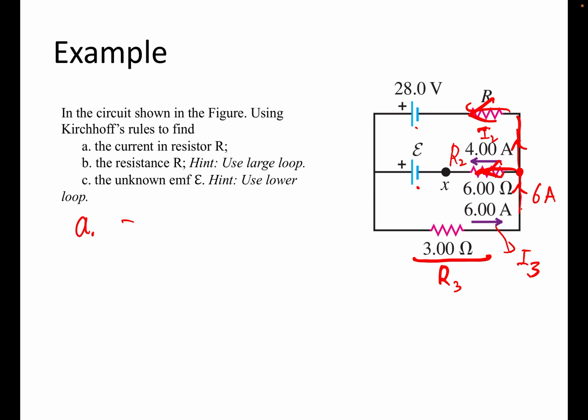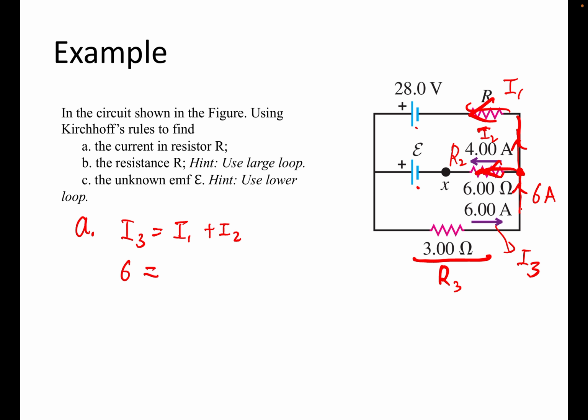This resistor is R3, with current I3. So I3 goes into this junction, which should equal I1, the current through R1, plus I2, the current going through R2. For this junction, we have I3 going in, and I1 and I2 going out.